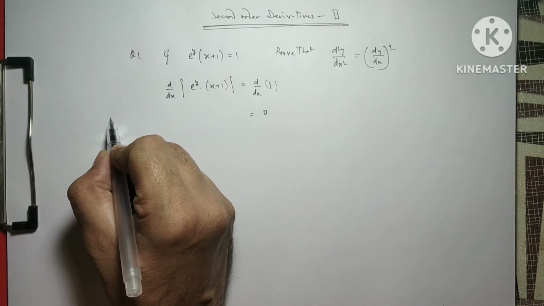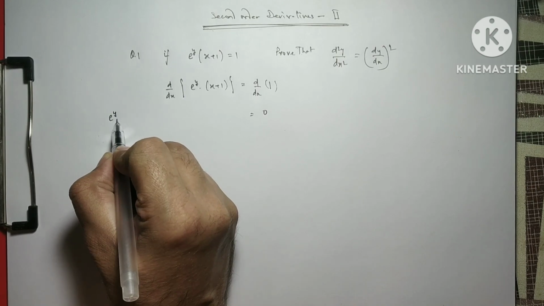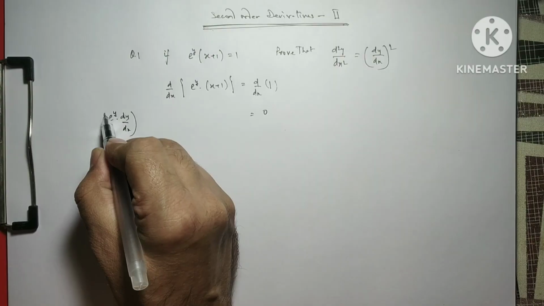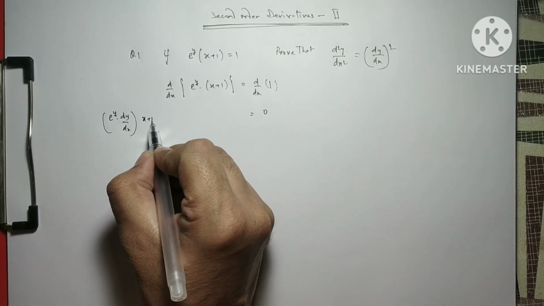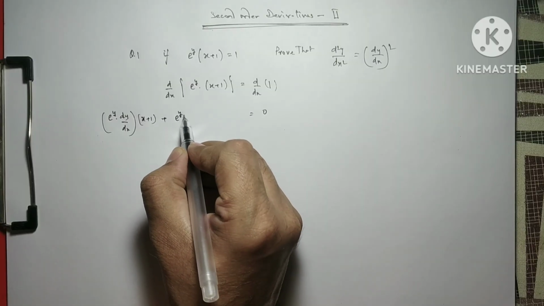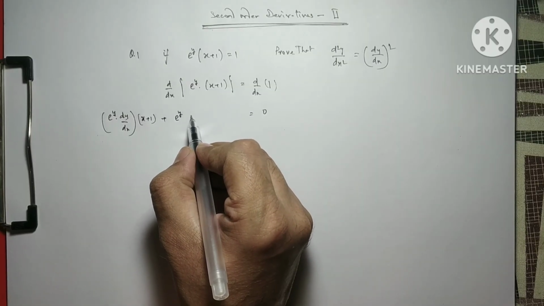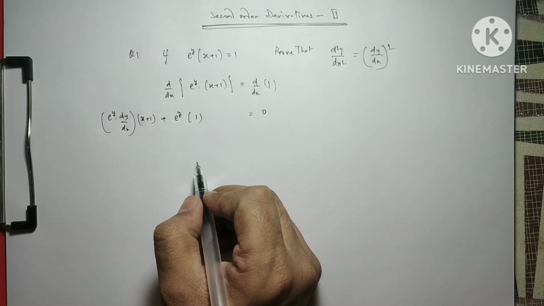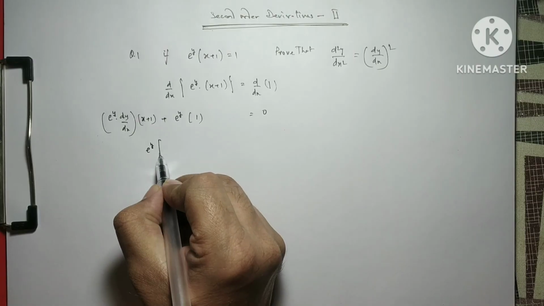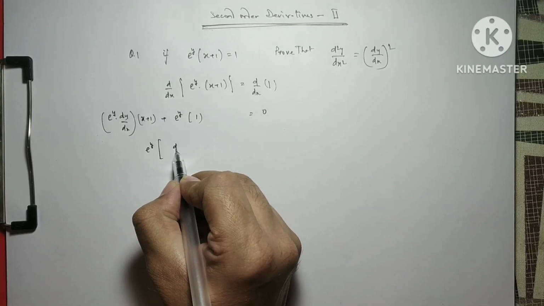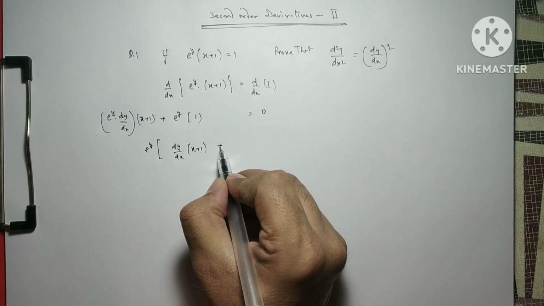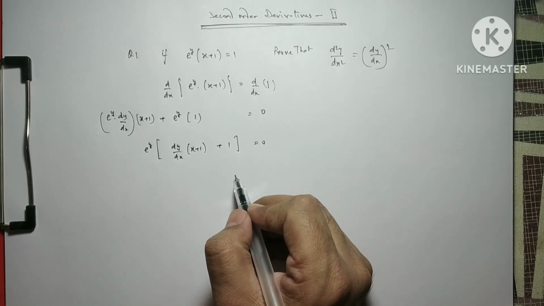So e to the power y is e to the power y with dy over dx, and x plus 1 as it is, using the product rule, plus e to the power y as it is, and the differentiation of x plus 1 is 1. So we get e to the power y in common. So you have e to the power y times (dy over dx into (x plus 1) plus 1) equals 0.